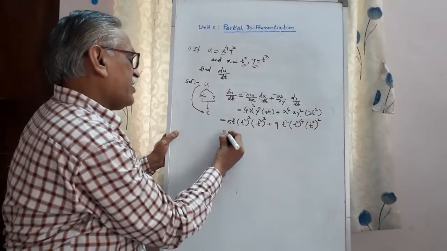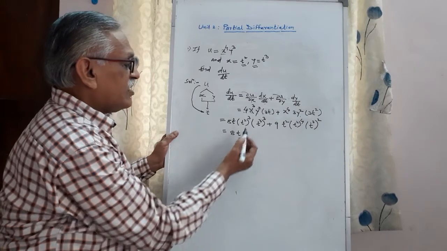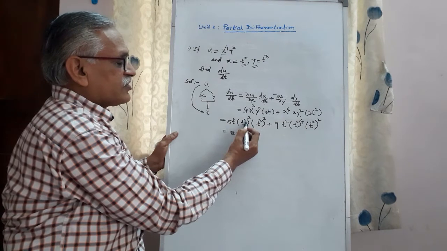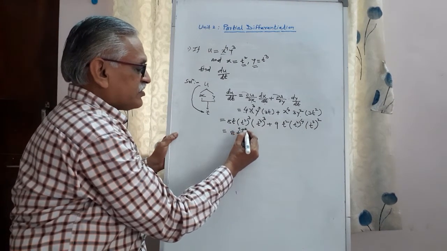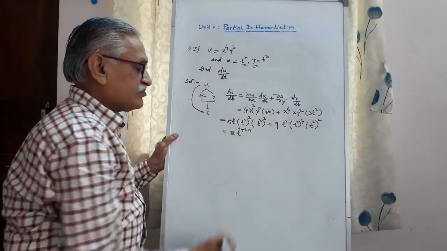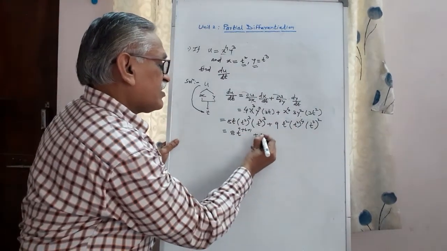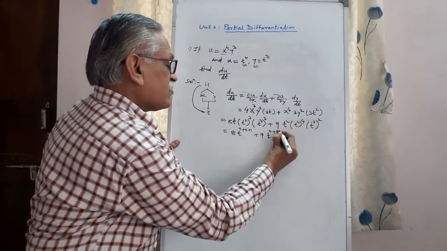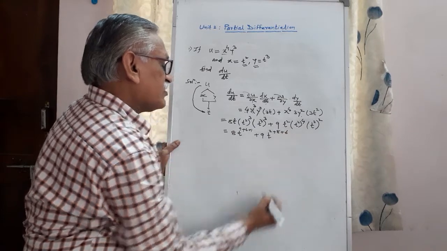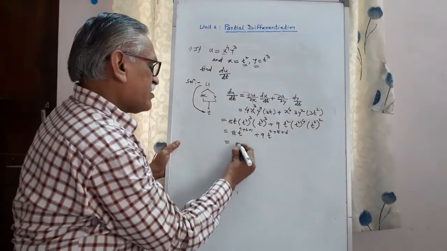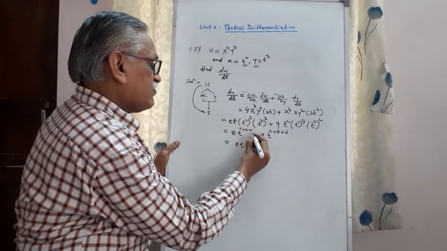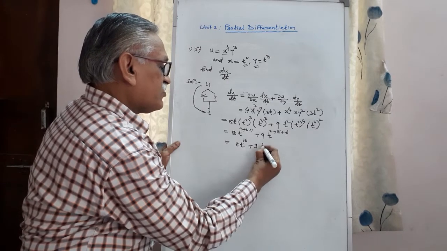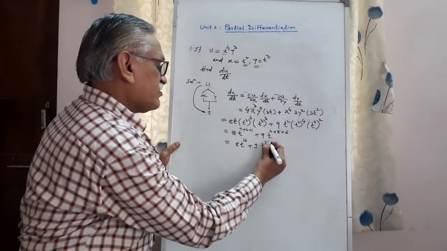If we simplify it, it is 8t raised to, add the powers, 9 plus 6 plus this one, and 9 t raised to again 2 into 4 is 8 and 3 into 6 is 18... therefore it is 8t raised to 10 plus 6, 16, and 9t raised to again 16.